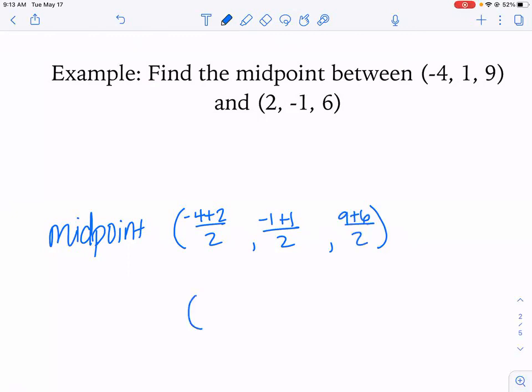Oh, and what's our midpoint? You agree? Okay, on a test Monday, I'll give you 2 points and you're gonna find me distance and midpoint. Can you handle it? Okay, awesome.